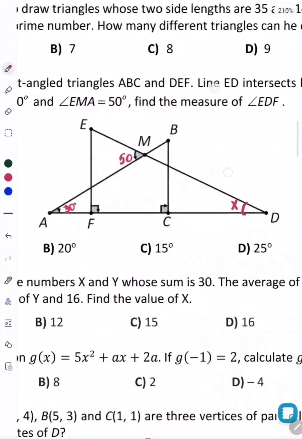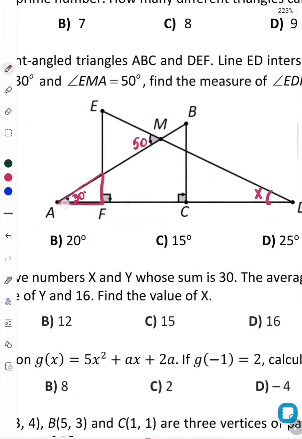All right. According to this small triangle over here, what we can say is that this angle adds up to 90 with the 30 degrees, right? Because the other angle is already 90. So we can say this is 60 degrees.